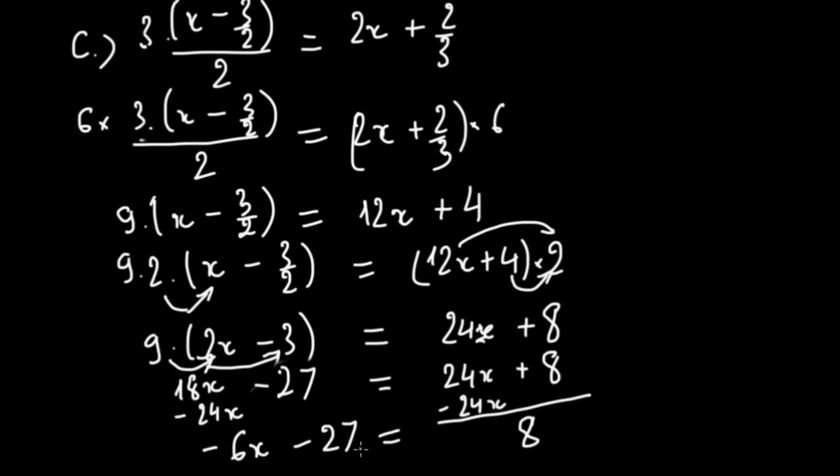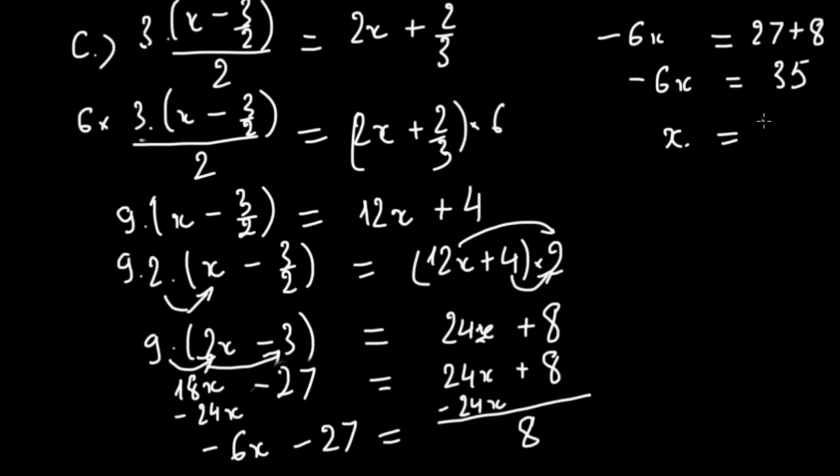We have negative 6x equal 27 plus 8, or negative 6x equal 35. We divide both sides by negative 6. We have x equal negative 35 over 6. And this is the final answer for question C.